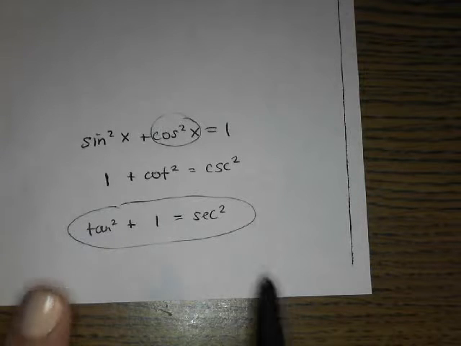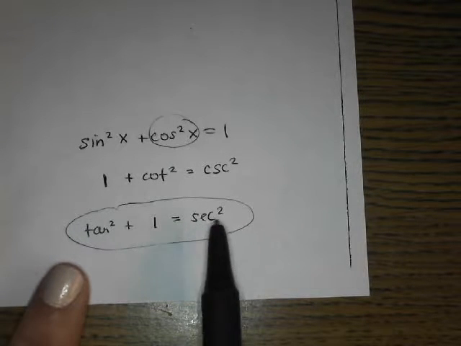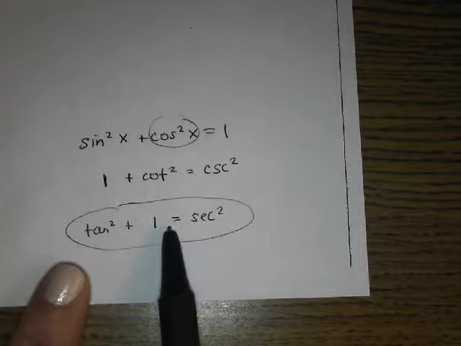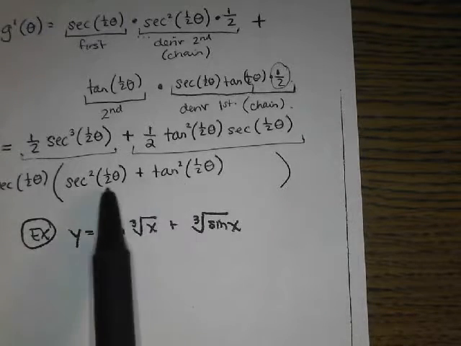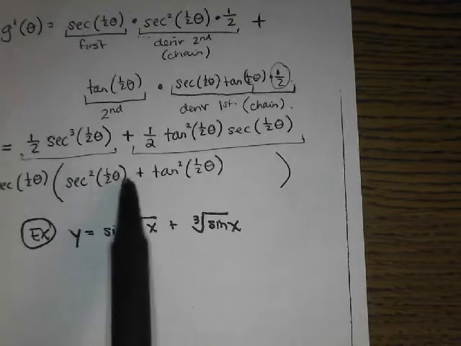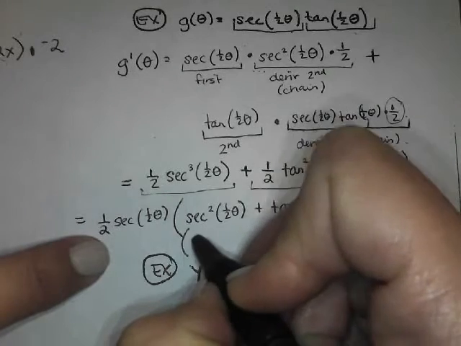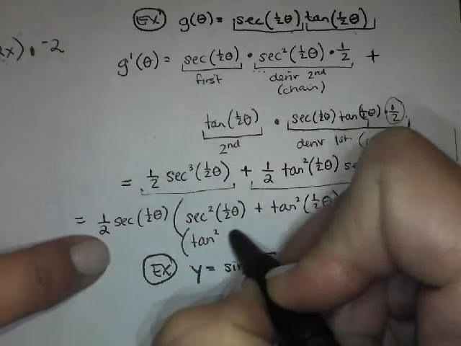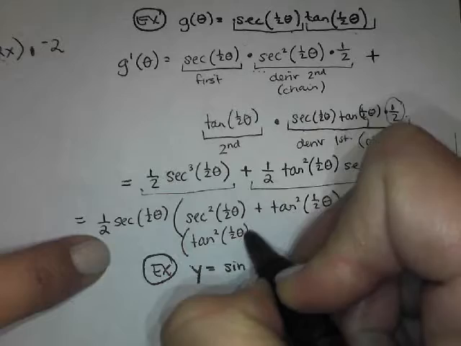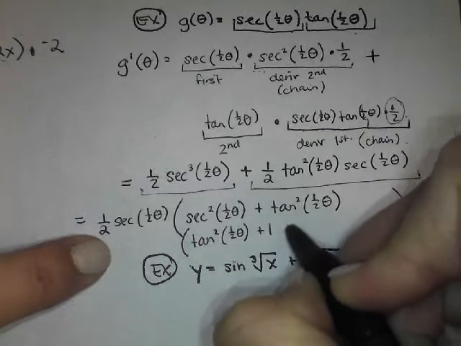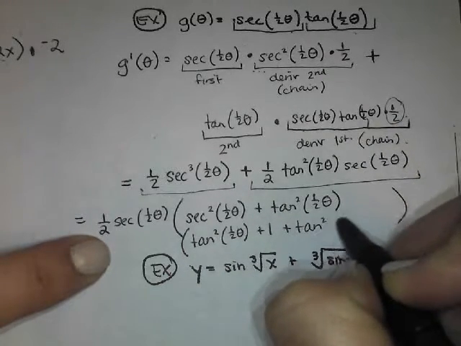We can replace our secant squared with a tan squared plus 1. So if I replace this with a tan squared plus 1, that would be tan squared of 1/2 theta plus 1 plus the tan squared of 1/2 theta.